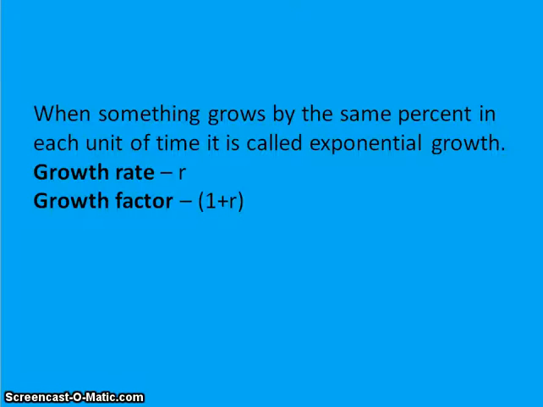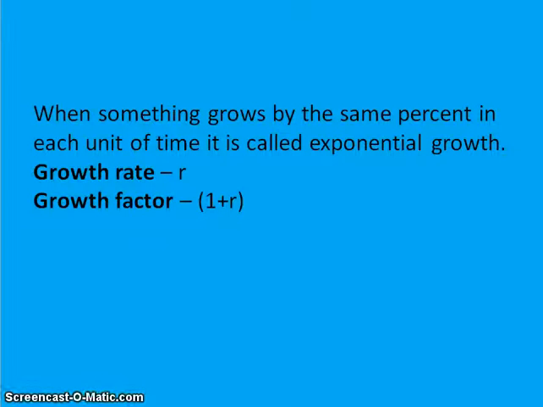So for instance 6%, or it'll double, but there's going to be some type of rate in the way it's going to grow. Distinguishing between two terms, we're not going to distinguish too much between them, but we have a growth rate, which is going to be your percent. How are you increasing? And then the growth factor, which is what you're actually going to use in the equation.